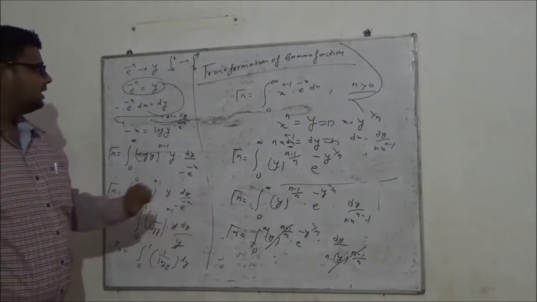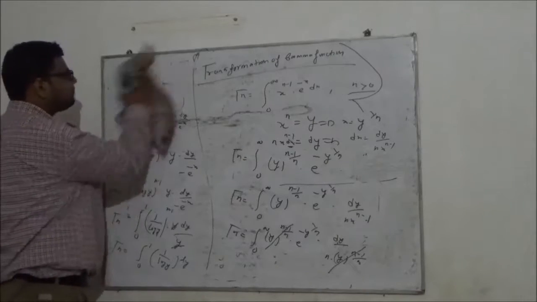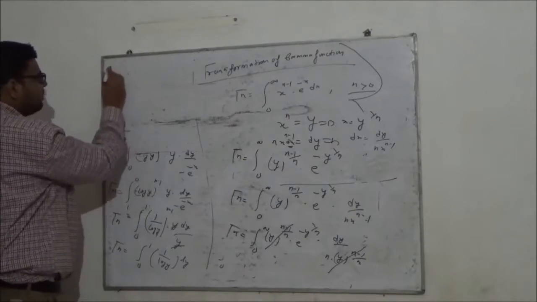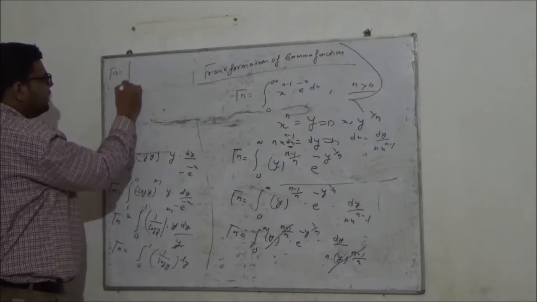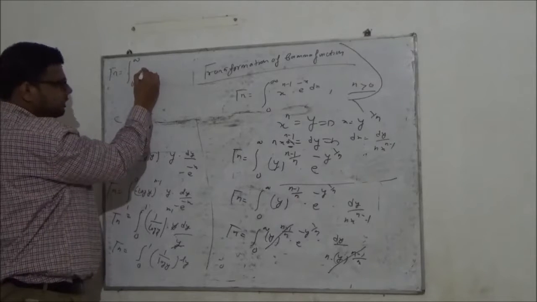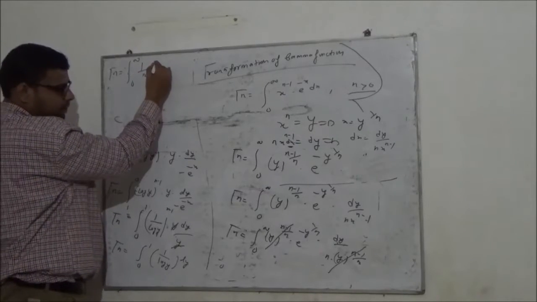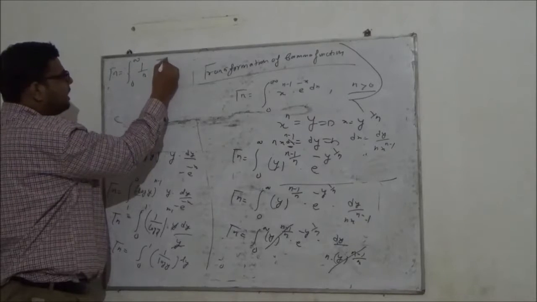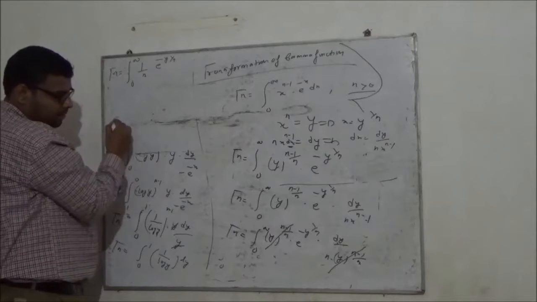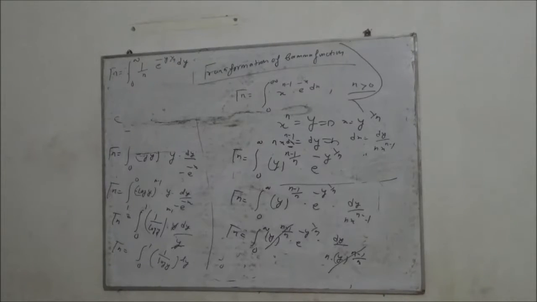So finally we will get gamma n is equal to integration from 0 to infinity of 1/n, e power minus y^(1/n), dy. Okay, this is what we get here.